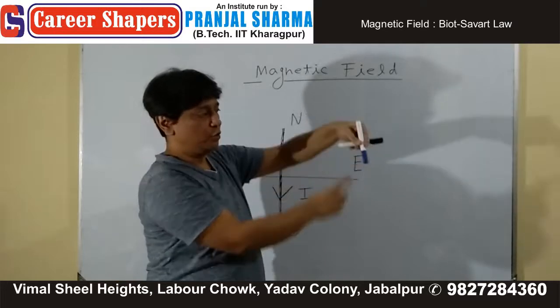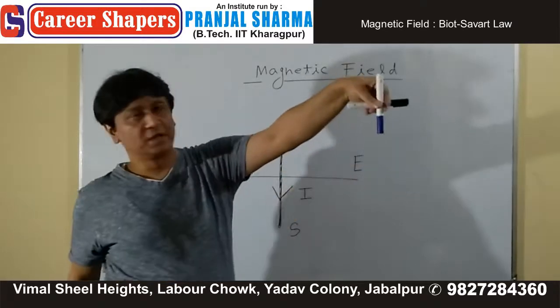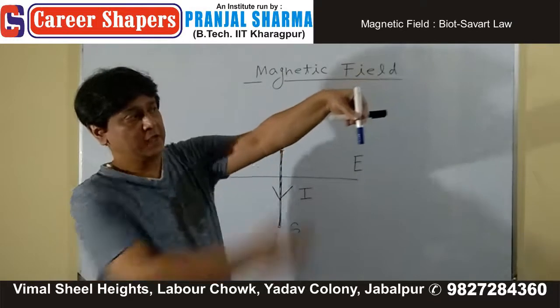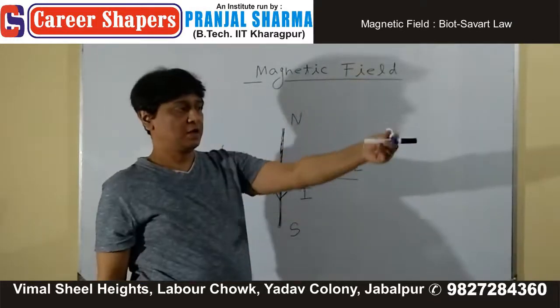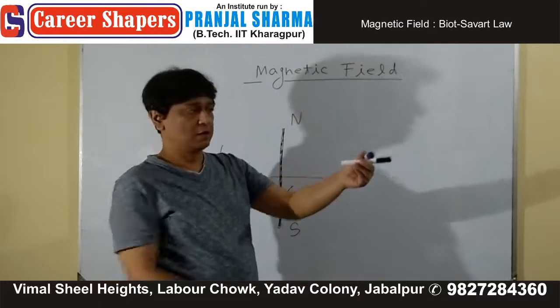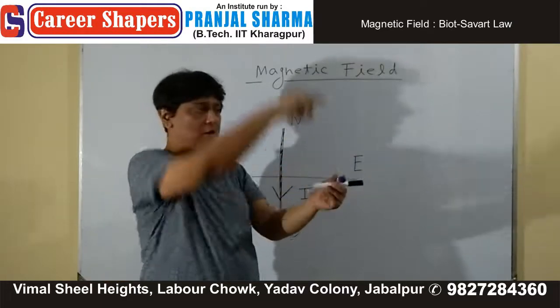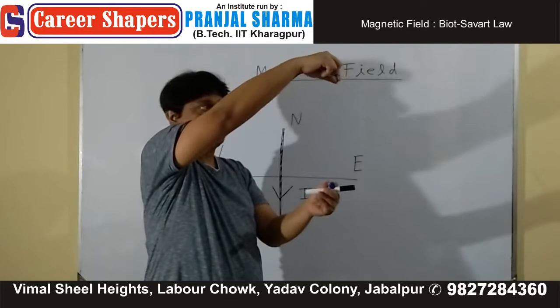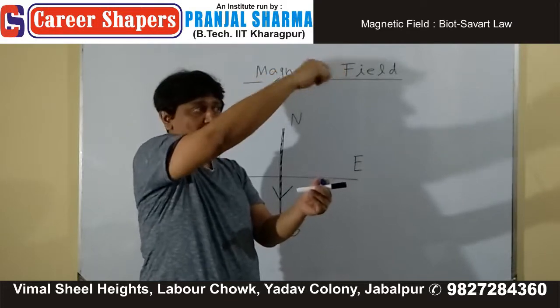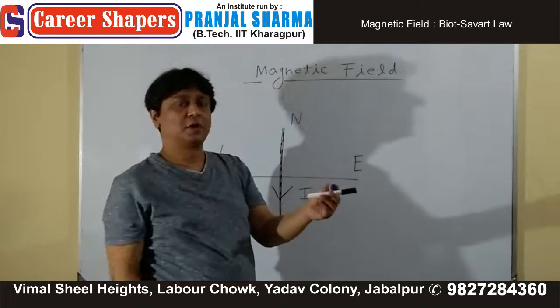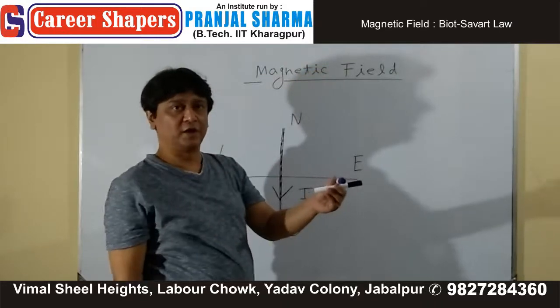This blue marker, if you can see the color, gives you the current carrying wire. Above the wire, over here, somewhere at this position. Now, how do you find the direction of magnetic field?